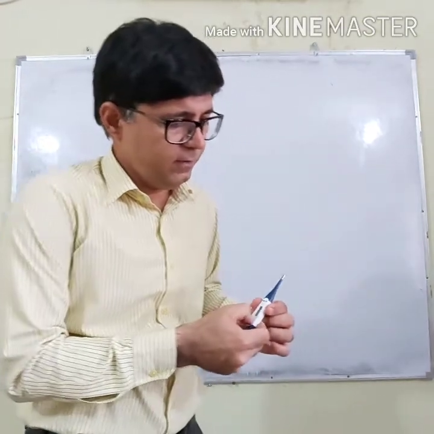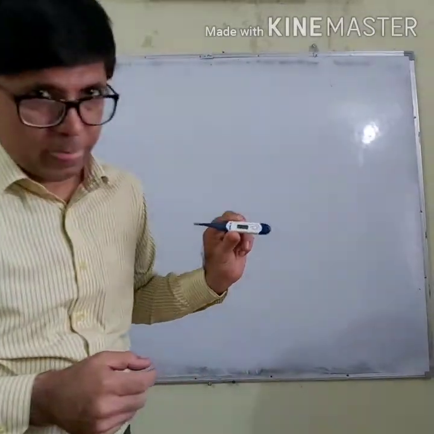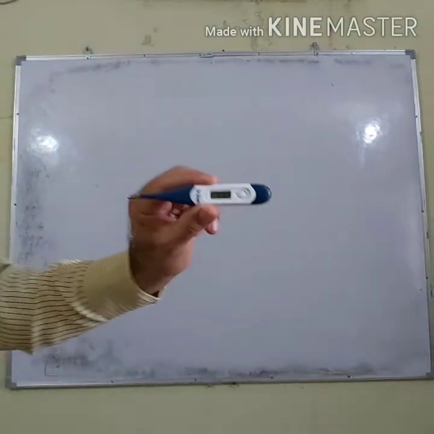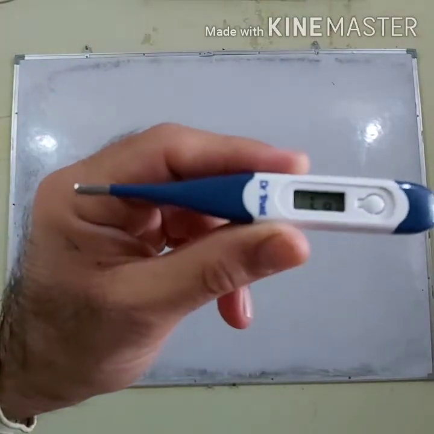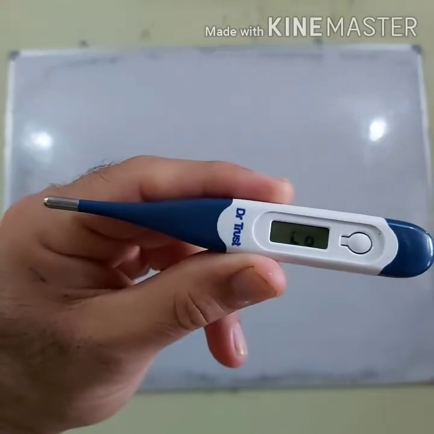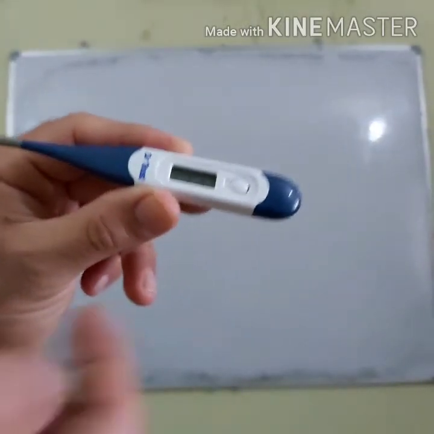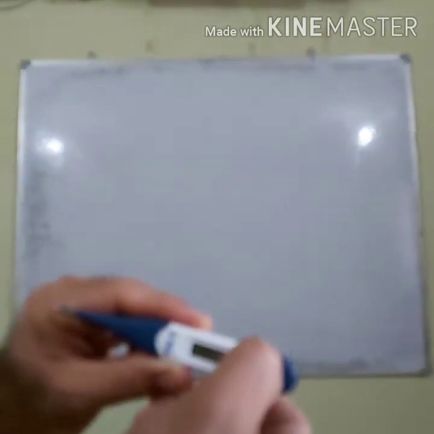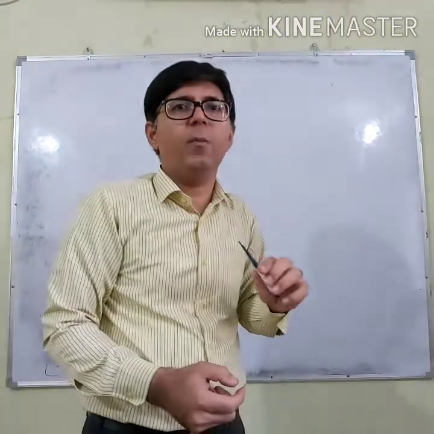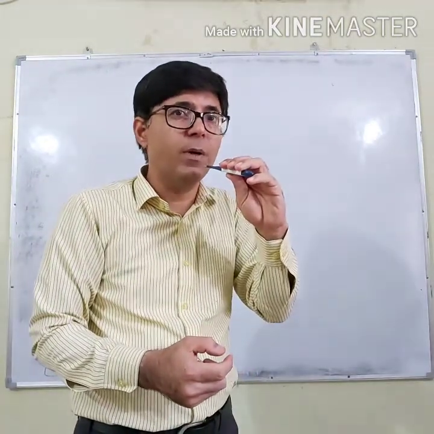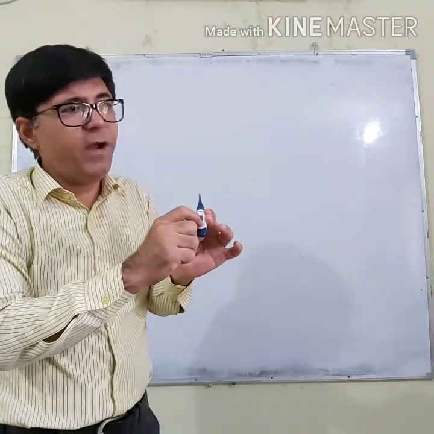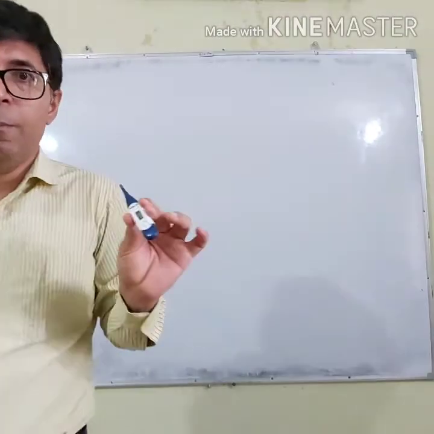If I press this, you can see that there are digits there. So that thermometer is the digital thermometer. If you want to measure your body temperature, and this thermometer is washed properly, you will put it under your tongue, and after 2 minutes you will hear a beep.